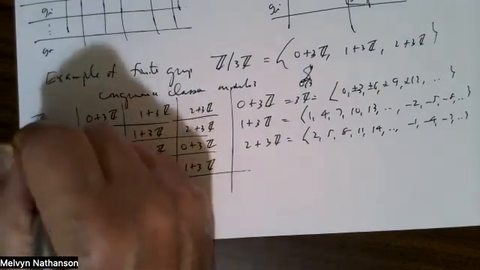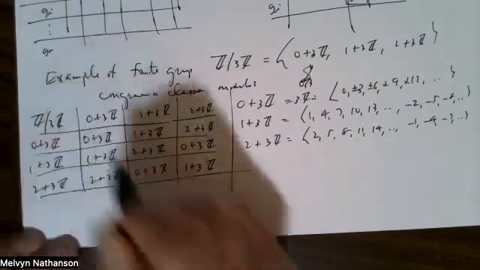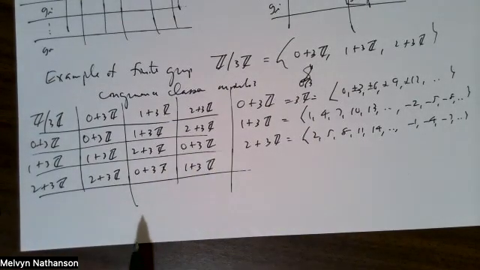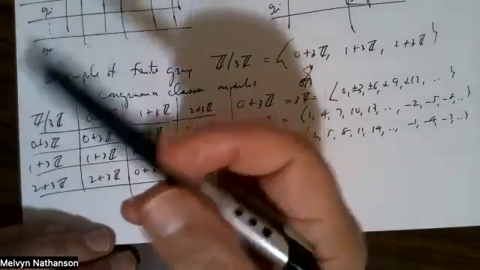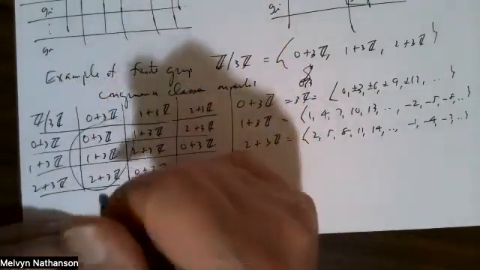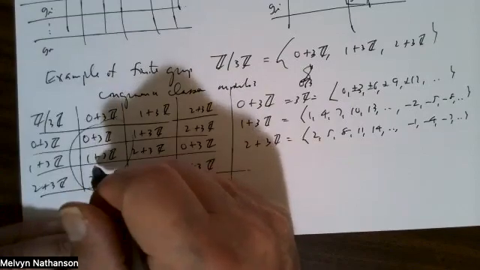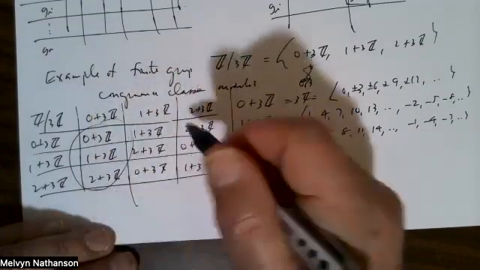So for the group Z mod 3Z, this is the multiplication table, or the addition table, if you like. And if you look at this, you'll notice that in every column, you have each element of the group appearing exactly once.